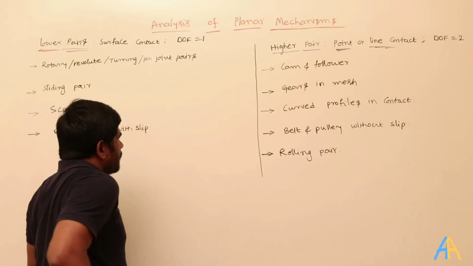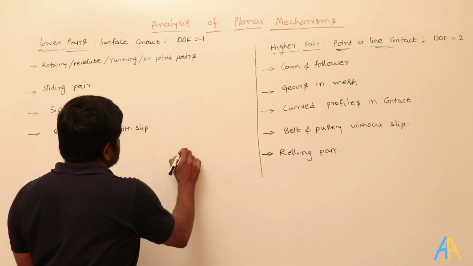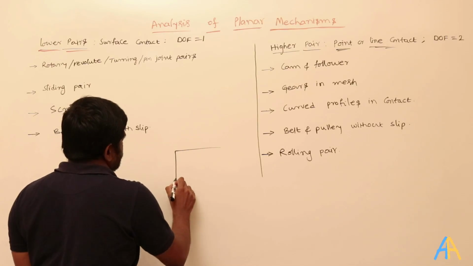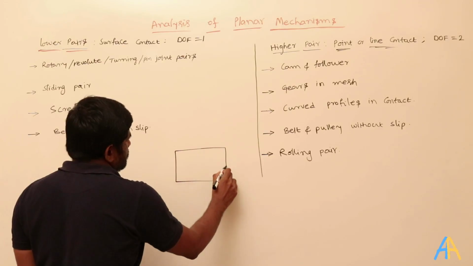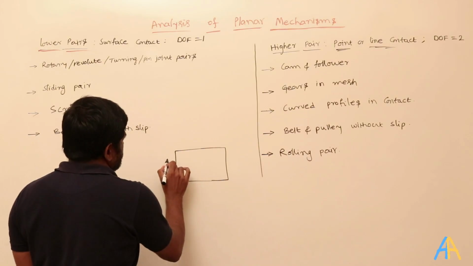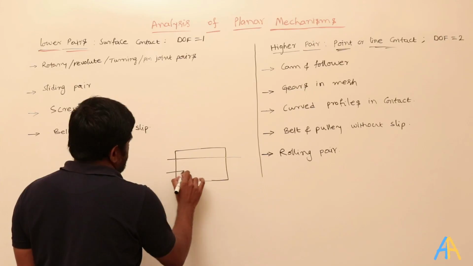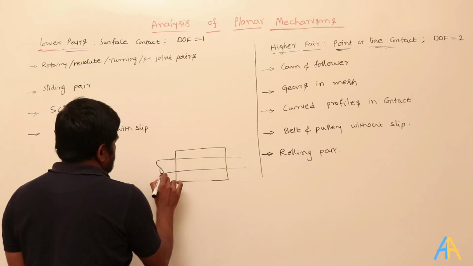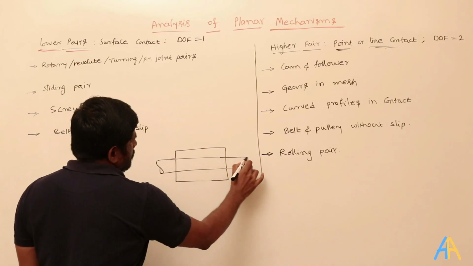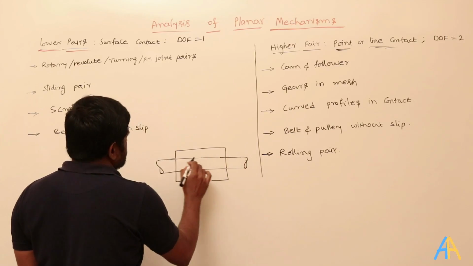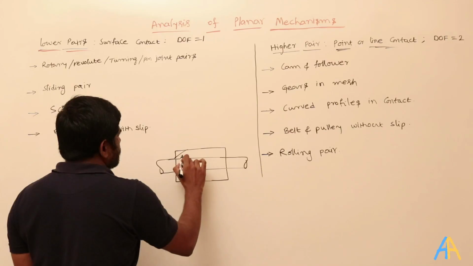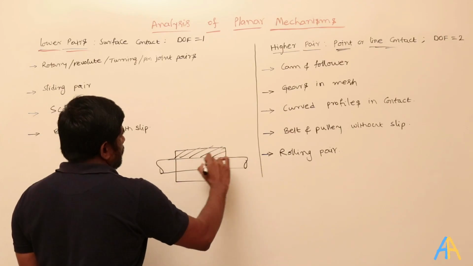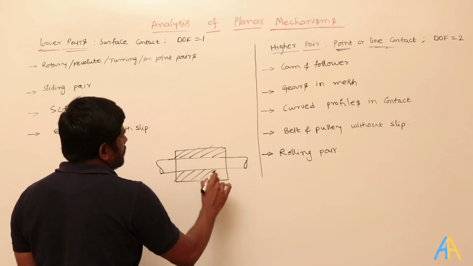So how is this pair? For example, if I take the rotary pair, here this is a cylinder I have taken, inserted a bit inside this.